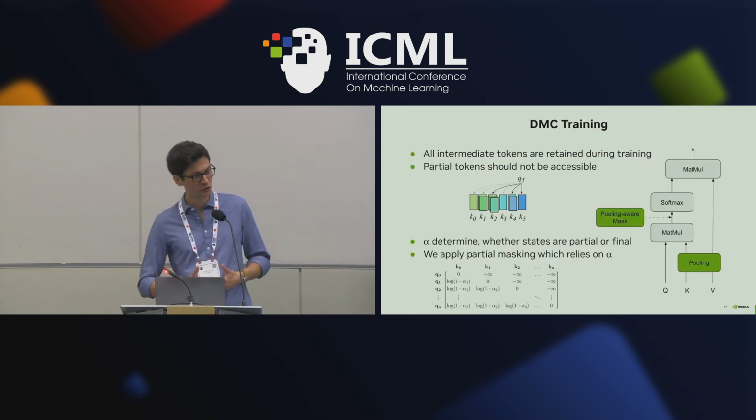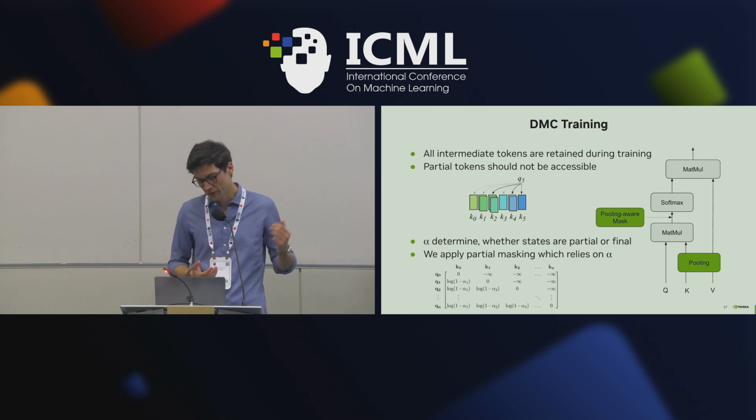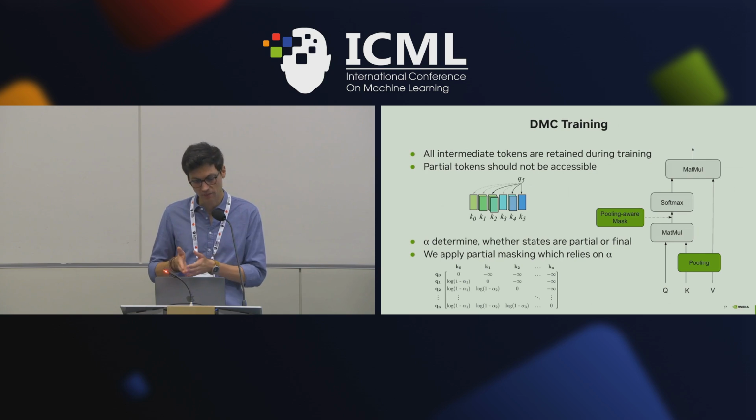Also, I should mention that in order to fully recreate the inference setup during training, we kind of need to keep all intermediate steps of the accumulation, but block the access to them. I tried to show this on the left: the query Q5 at step 5 should really have access only to the fully accumulated keys, because during inference, key 0 and key 1 would be overwritten by key 2.